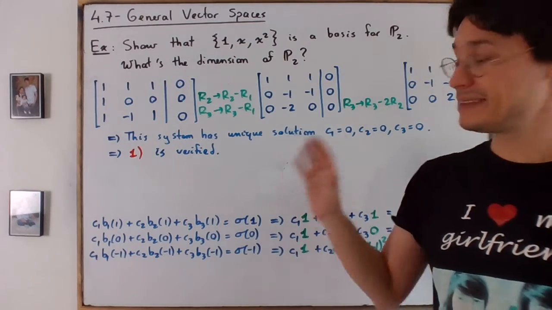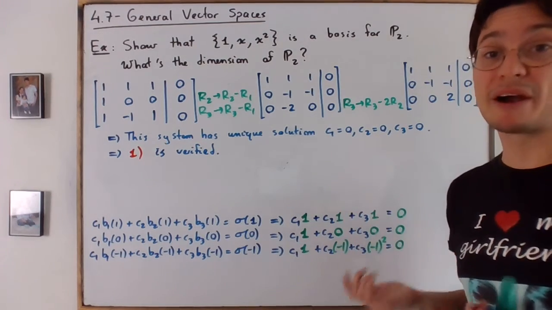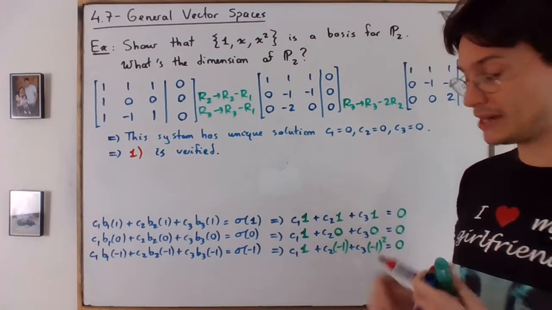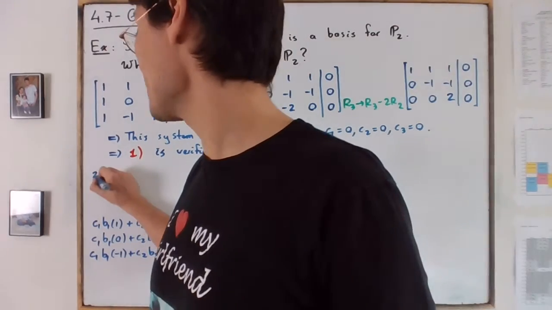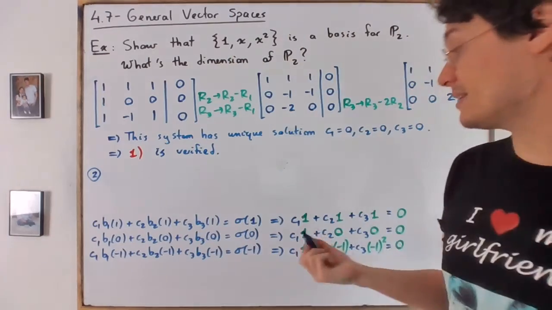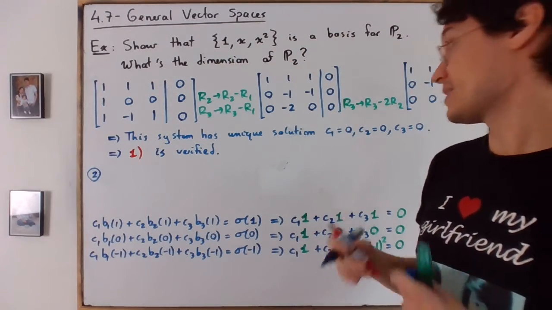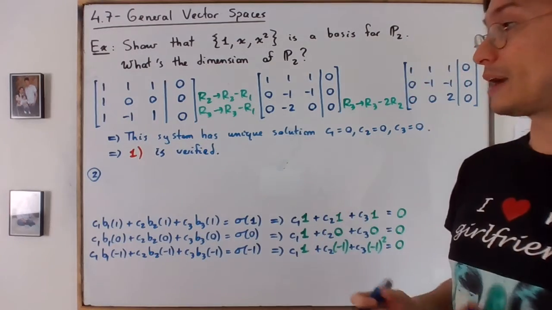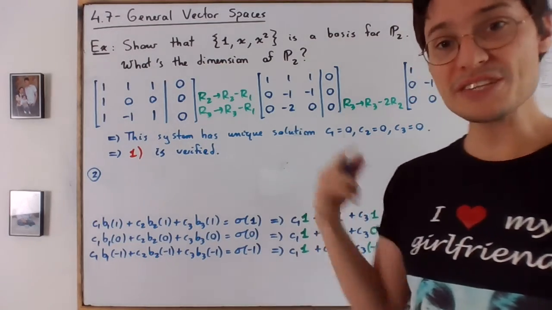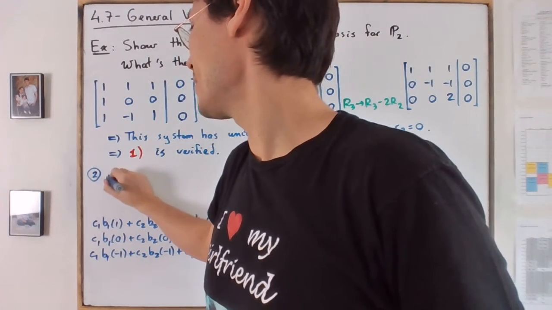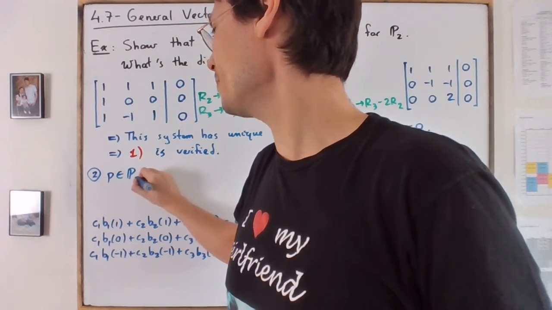By the way, this was the hardest part of the proof. Now that we have number 1, number 2 is actually quite easy. We want to verify that the span of these 3 elements is going to be the entire set P2, right? So let's write again what I wrote at the beginning. I think what I wrote is that P is in P2.